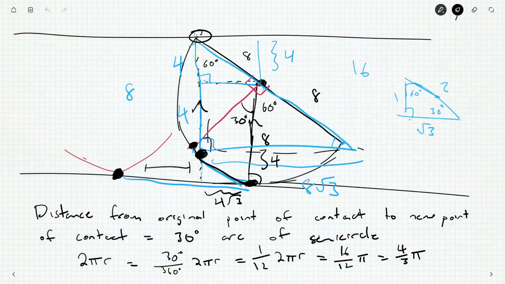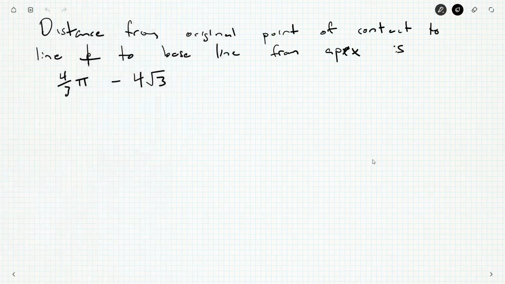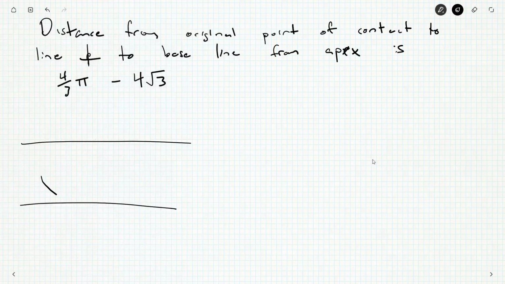Actually, let's redraw, and I'll explain it for people who weren't following my diagram. So our bowl, our semicircle, starts off like this, and we have this point of contact.